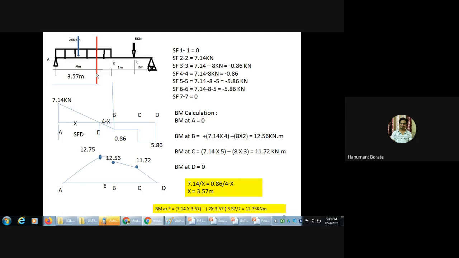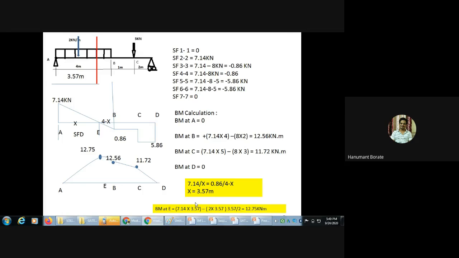Take a section at a distance x, write the bending moment equation about the section in terms of x, and then equate that equation equal to 0.